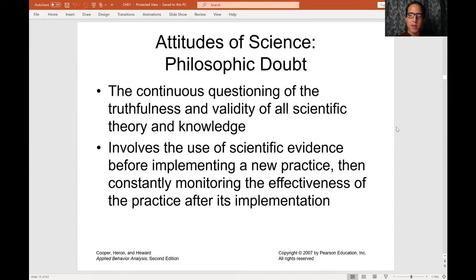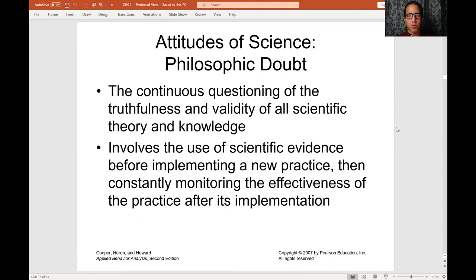The moment we say we know, when we stop trying to uncover the variables with the new information and new evidence that can be coming in, we are just limiting ourselves, limiting our science, and limiting the technology that we can create.